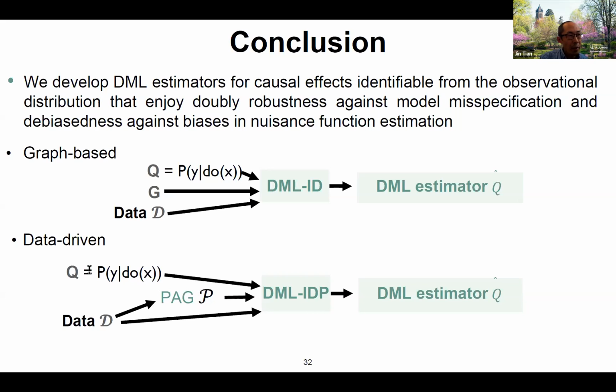So we call this the purely data-driven approach. Now, given data and such a PAG, we develop a DML IDP algorithm, which will construct a DML estimator for any causal effects that are deemed identifiable given the PAG and the observational distribution.